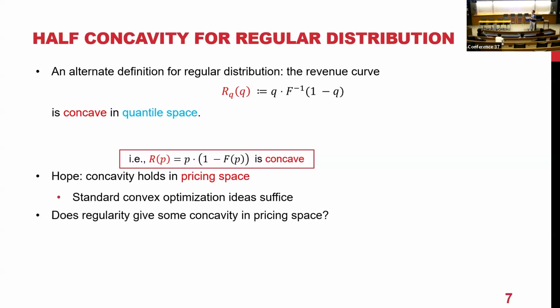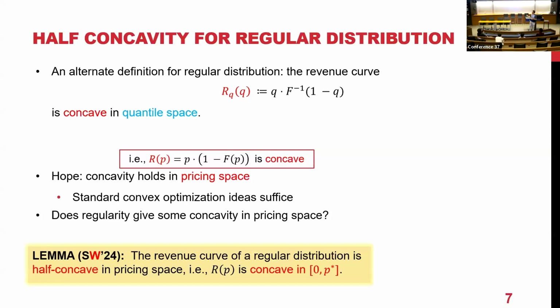So a natural question to ask is whether regularity itself already implies some kind of concavity in the pricing space. We answer this question with yes: we show that the revenue curve of a regular distribution is half concave in the pricing space. To give you an intuition, I draw a picture of a possible revenue curve for a regular distribution. Firstly, this function must be single peaked, which means that it must first go up and then go down.